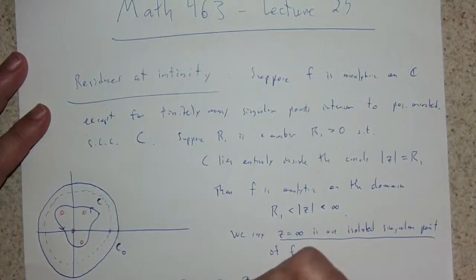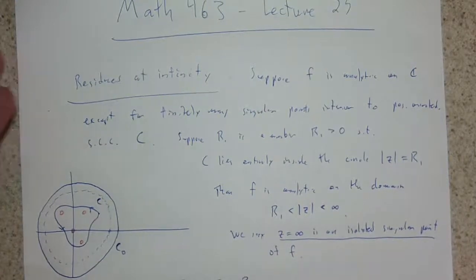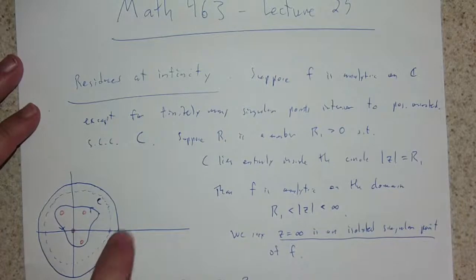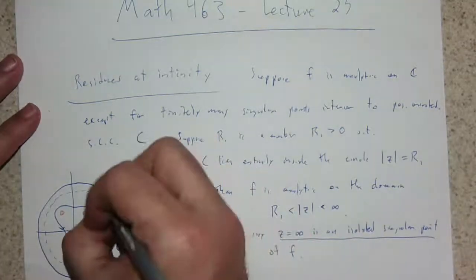So r sub 1 is strictly less than r naught. And let us give the orientation on C naught to be clockwise.